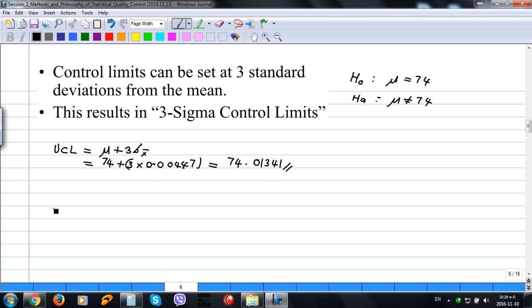Then we can find the lower control limit, which also uses 3 sigma units, that means mu minus 3 sigma x bar.